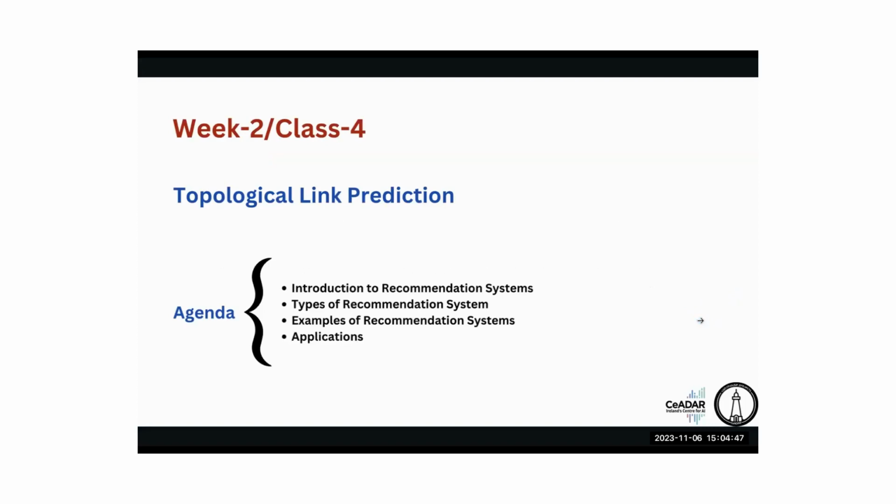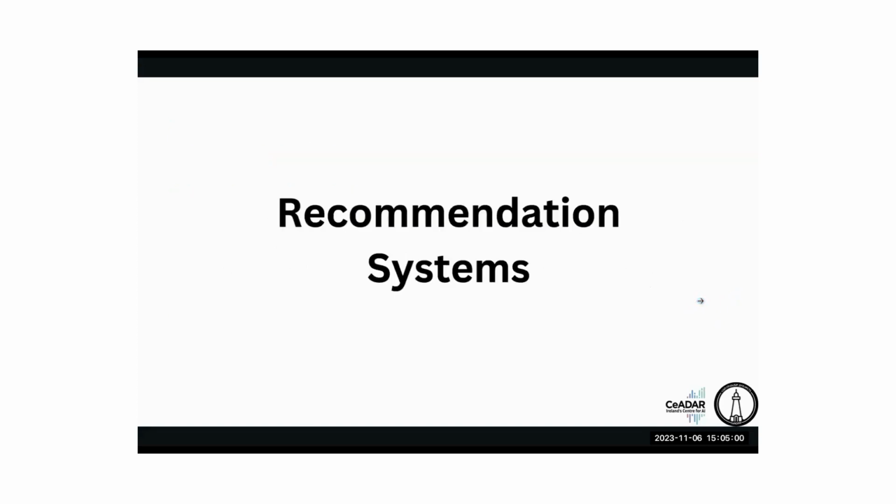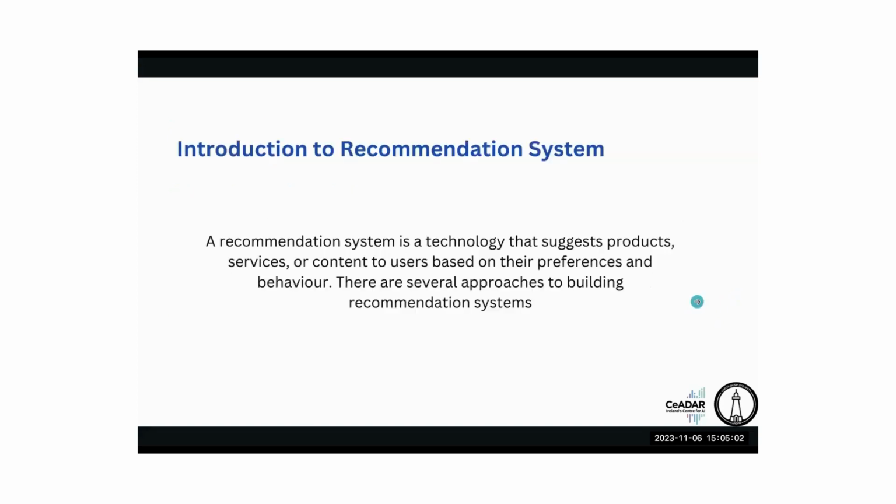In today's class, we are going to discuss different types of recommendation systems, examples, their applications, and a brief introduction. A recommendation system is a technology that suggests products, services, or content to users based on their preference and behavior.